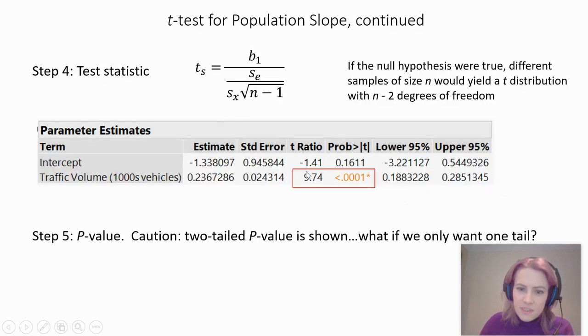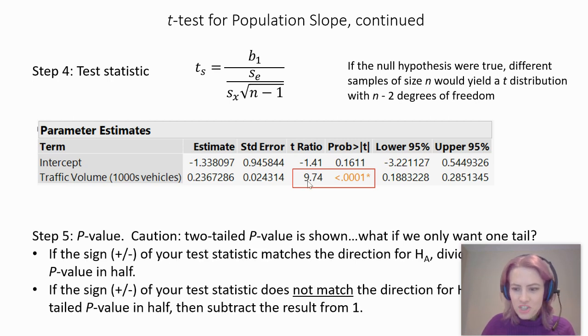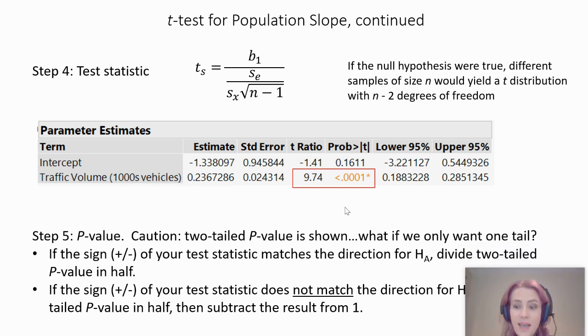So I'm going to look at my t ratio. Did I get a positive t ratio? I did. There's no minus sign here. So it's a match. So if there's a match and you had a directional alternative hypothesis, you can, in fact, divide your two-tailed p-value by 2. So our p-value for this gasoline station test is going to be half of this amount.